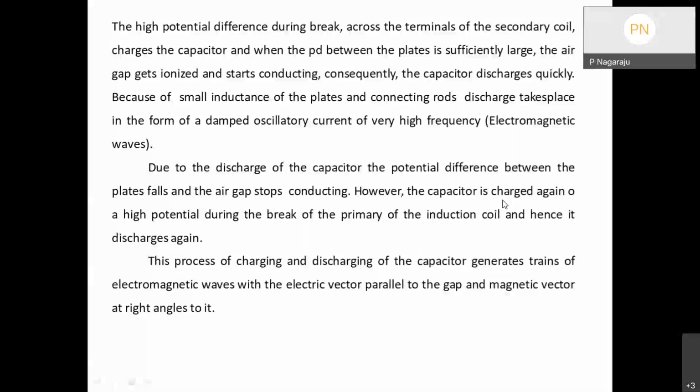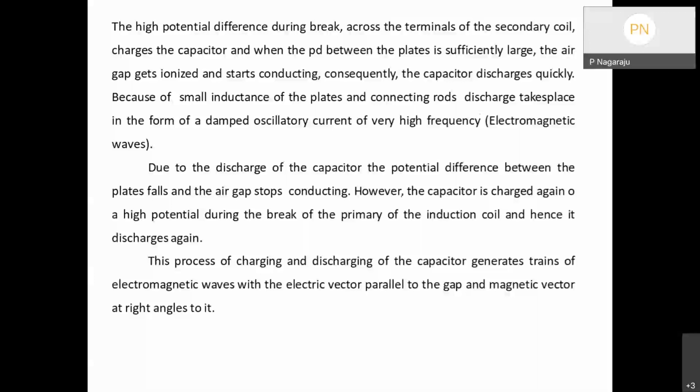However, the capacitor is charged again to a high potential during break. Like this, the process of charging and discharging of the capacitor generates trains of electromagnetic waves with electric vector parallel to the gap and magnetic vector at right angles to it.